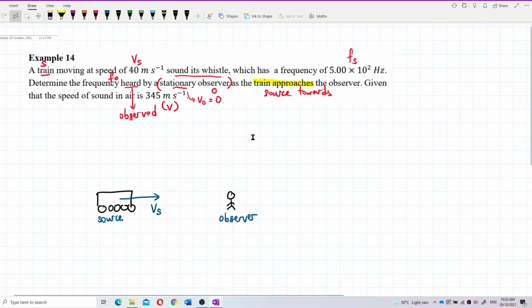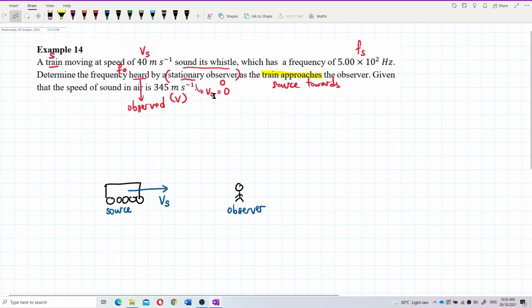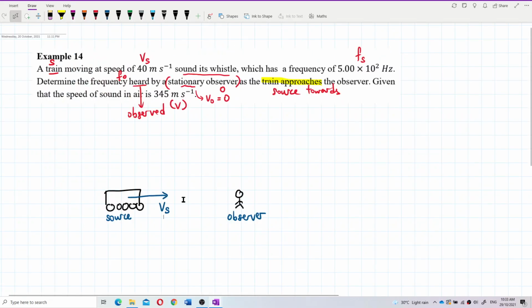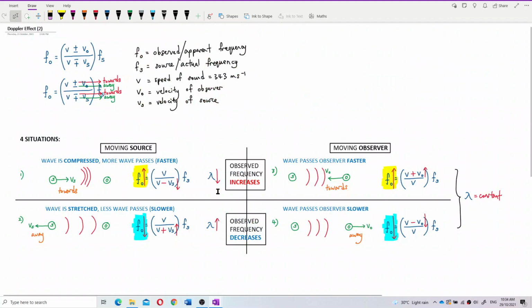So what formula do we use? Remember our concept: source moving towards observer.